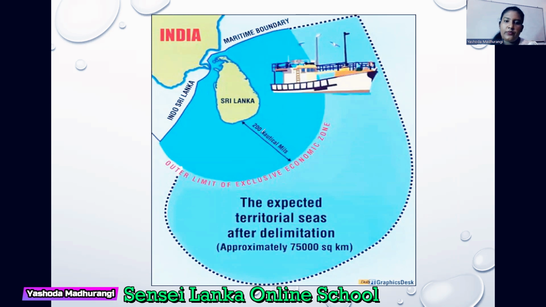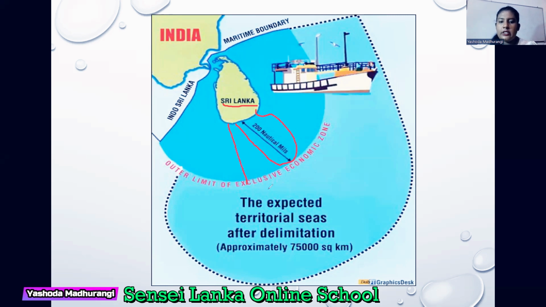They are given in different blue colors. Sri Lanka is here. Our coastal area is there. Then here, in this area, we call nautical miles. When we take the miles or the kilometers in the sea, we say nautical miles.